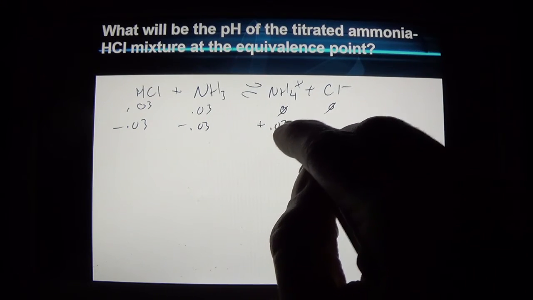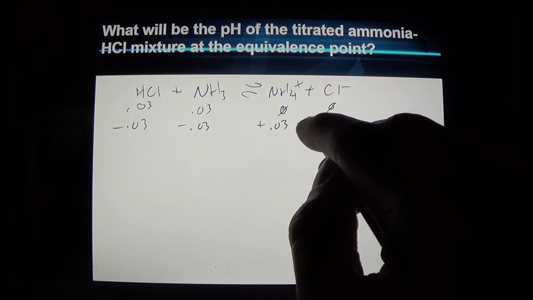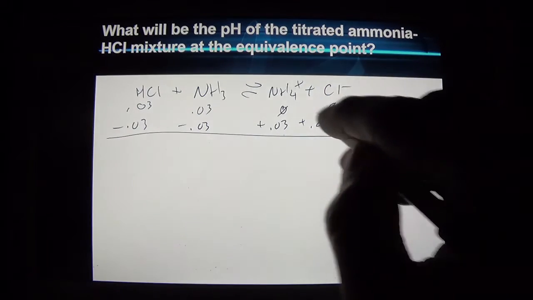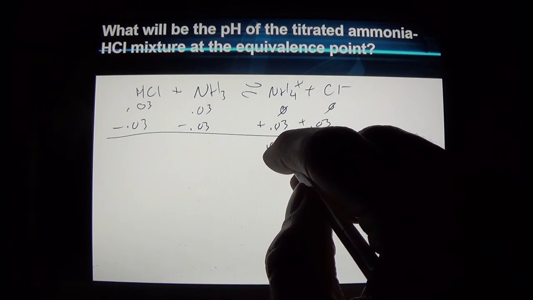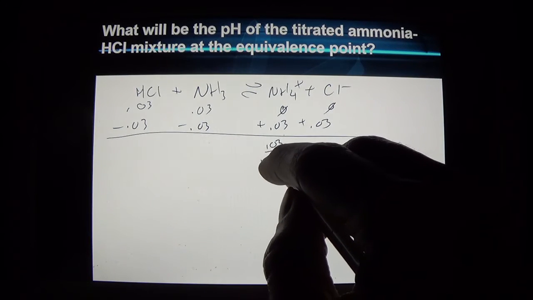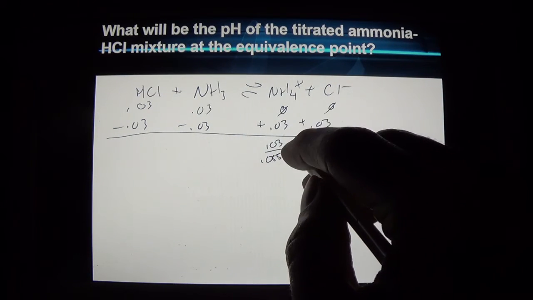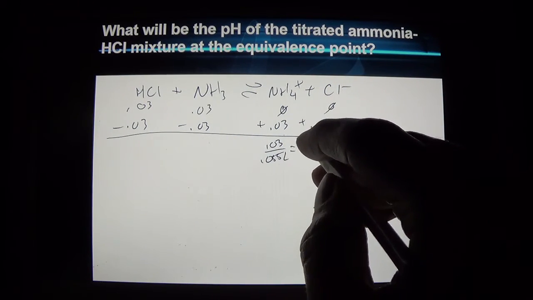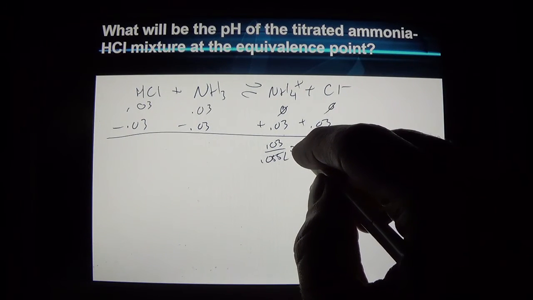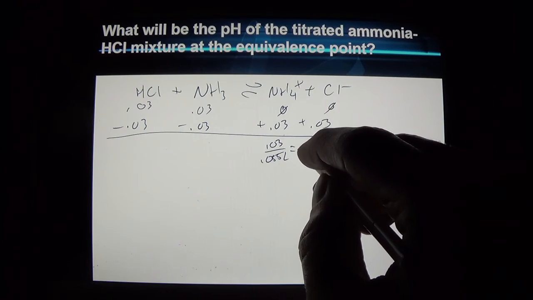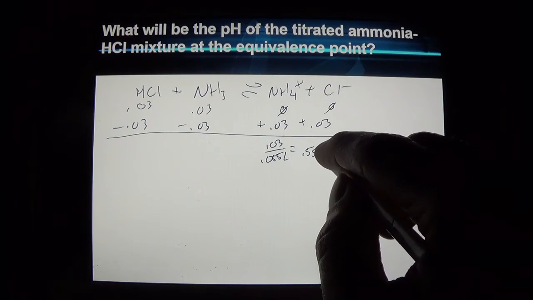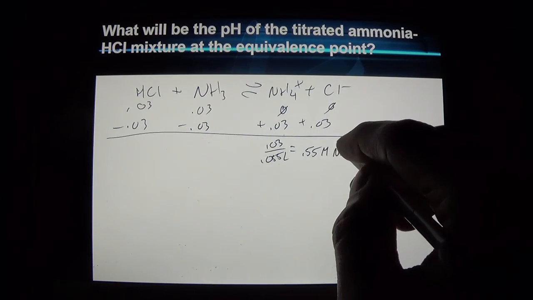So I'm gaining 0.03 moles, and I'm gaining 0.03 moles of that. Now, what I really care about is that I have gained 0.03 moles in a total of 0.055 liters. I have gained 0.55, I want to be sure my zeros are right, 0.55 molarity of NH4 plus.